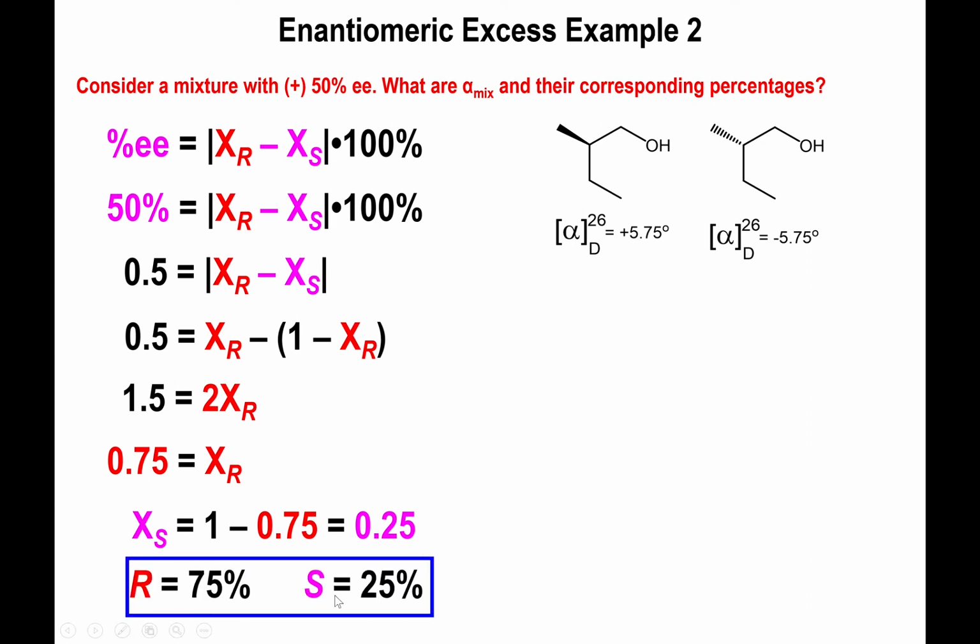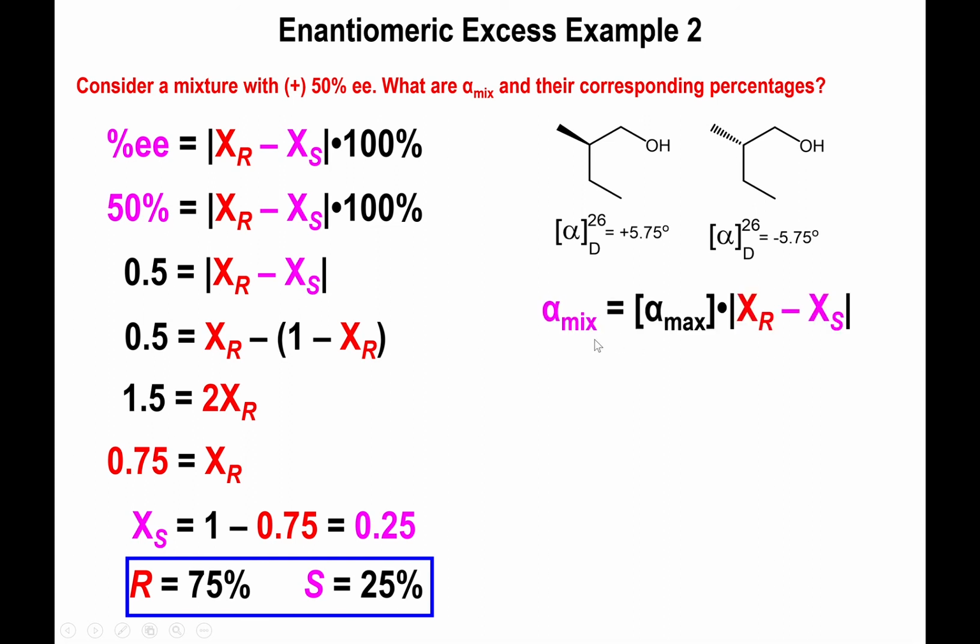Now, technically speaking, I am assuming that the rotation was positive for the maximum observed rotation of the sample. Because if the rotation would have been negative, then technically speaking, the S isomer is going to be the one that's greatest in amount. And so the S isomer will be 75%.